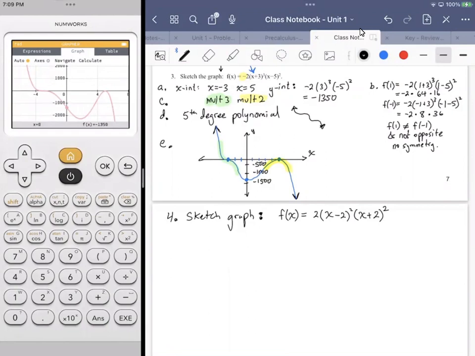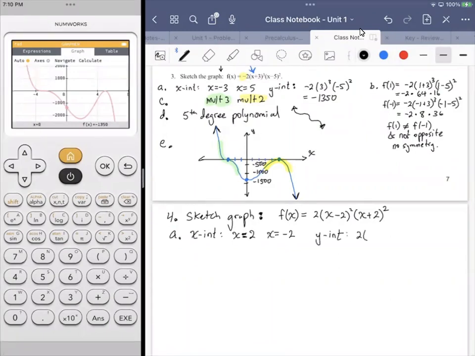And so if I follow the process, I get my x-intercepts. And the more you do this, the quicker it goes. So we'll have x equals 2, x equals negative 2. Because again, we're just reversing signs here. The y-intercept, you're just going to plug a 0 in for x.